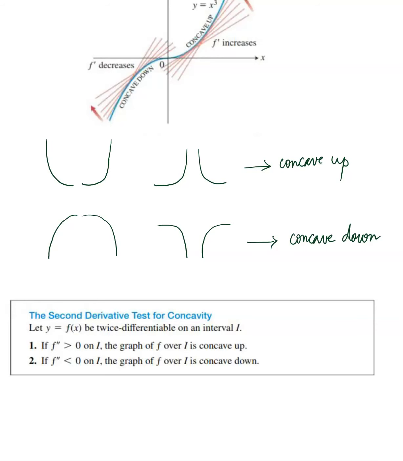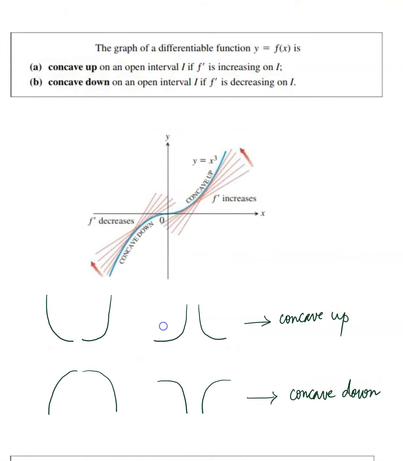This is absolutely what the definition says. The definition says that if f prime is increasing, that means its derivative should be positive. Let me write that here. F prime increasing implies its derivative is positive.